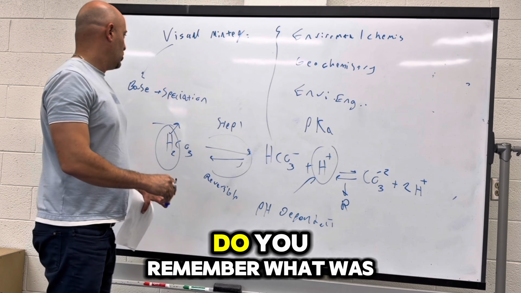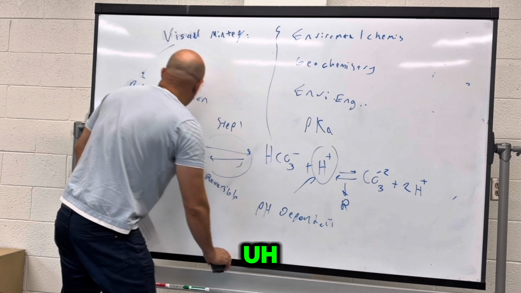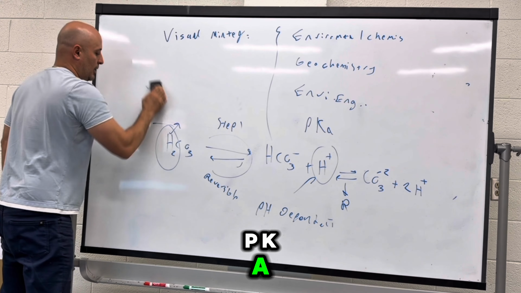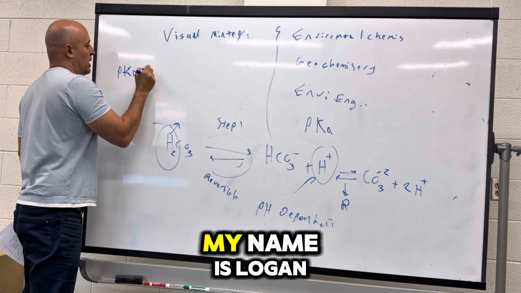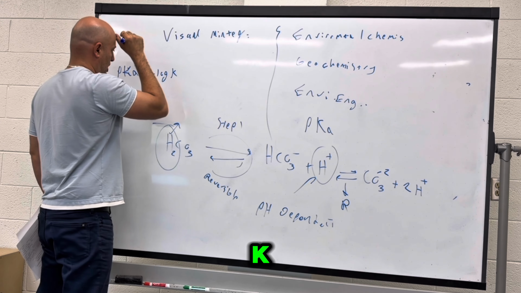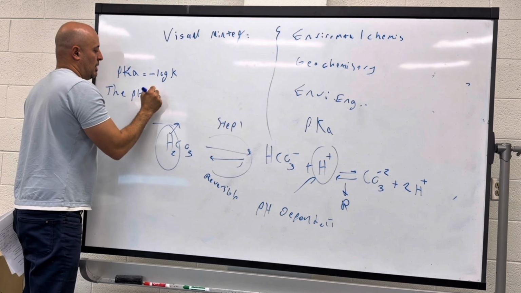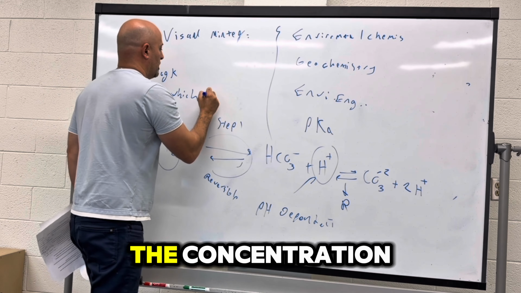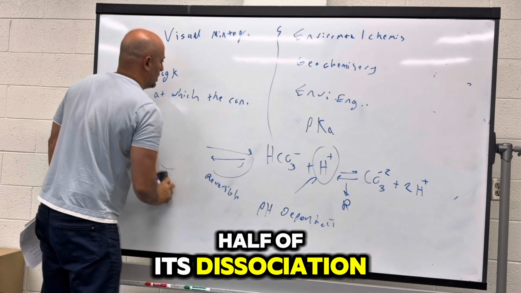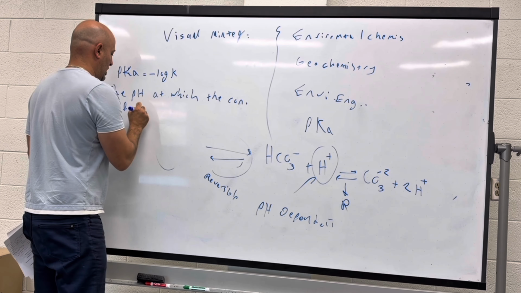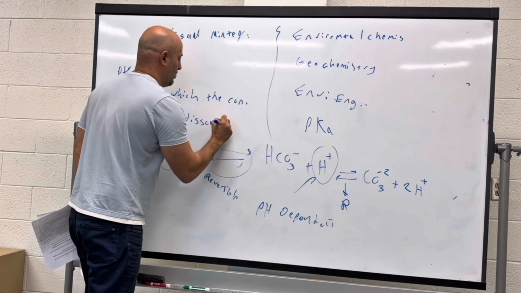Do you remember what the pKa was? pKa is minus log of K. So it means the pH at which the concentration of acid becomes half of its dissociated form.